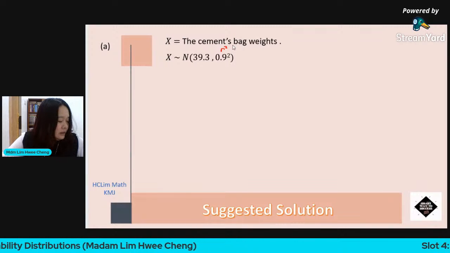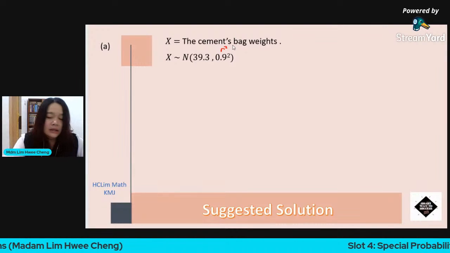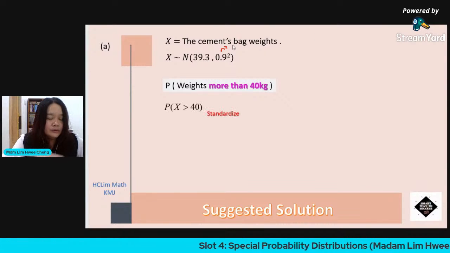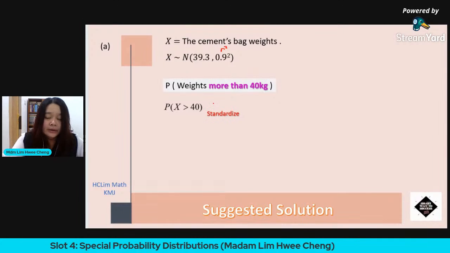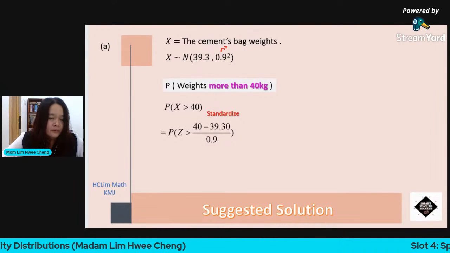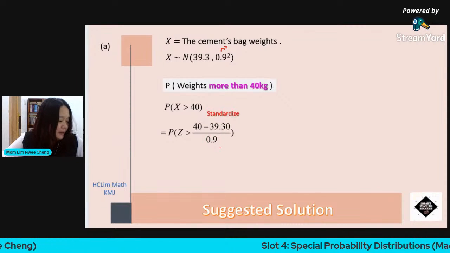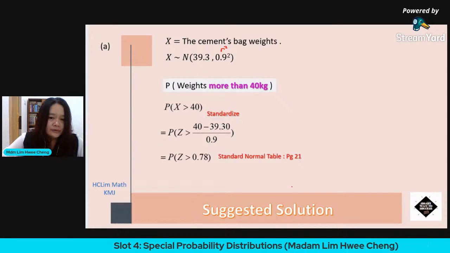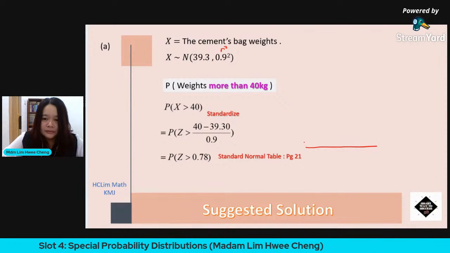The weight is more than 40. If we do the standardized process, 40 minus 39.3 divided by 0.9, we calculate 0.78.